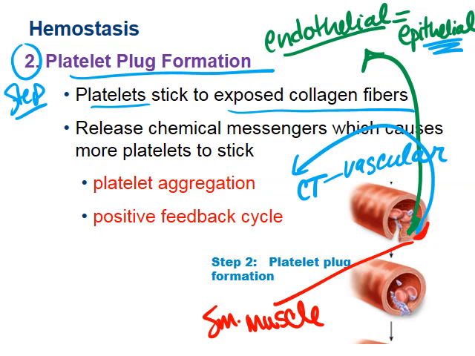Okay, so you're going to have a release of chemicals which are going to cause more platelets to stick. Basically, when that first platelet finds its way to the tear, it's going to stick and release chemical messengers that cause other platelets to aggregate. So basically, it's come to the party, we need more platelets, we need to plug this gap.